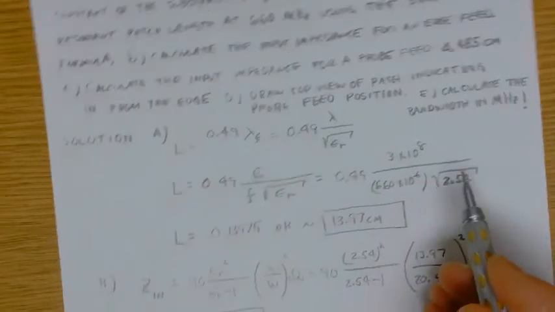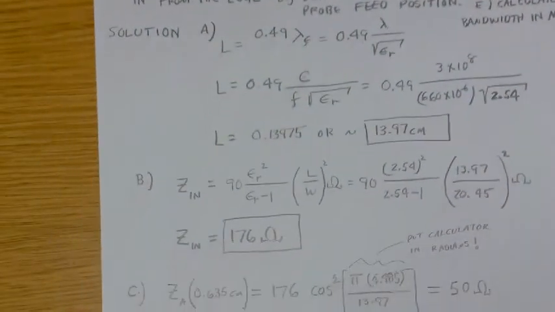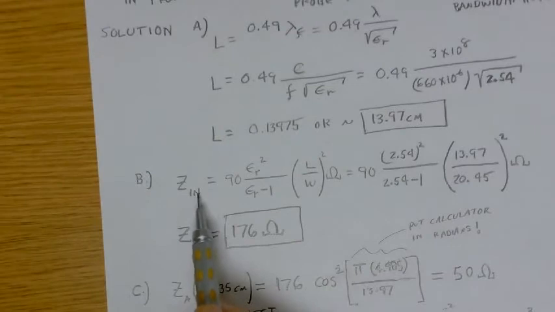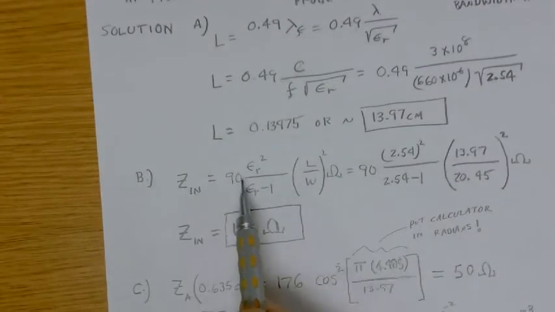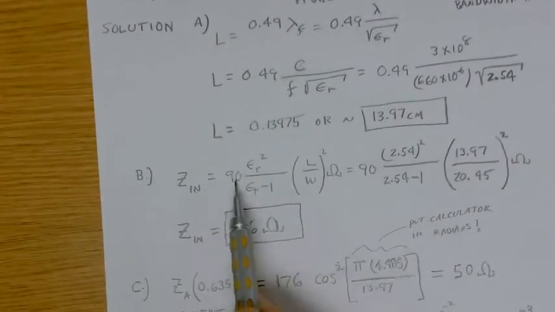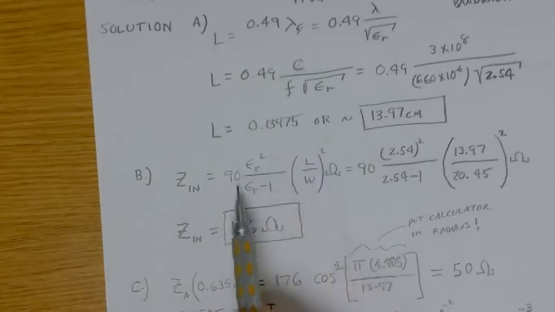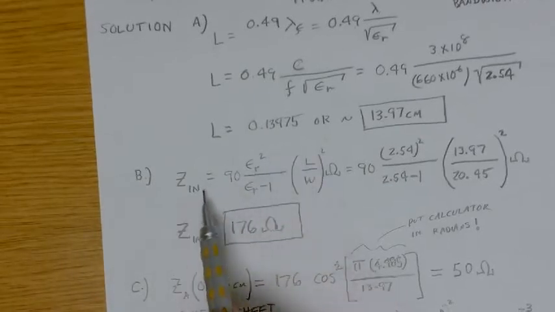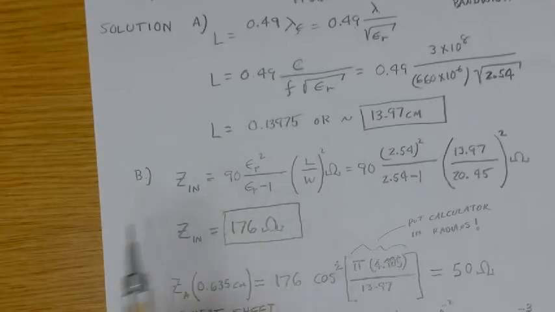All right, let's compute the input impedance, right? If we're feeding it at the edge, right? And this is the formula for the input impedance when feeding it at the edge. The probe comes up and just touches the edge, or the transmission line comes up and connects to the edge of the patch.